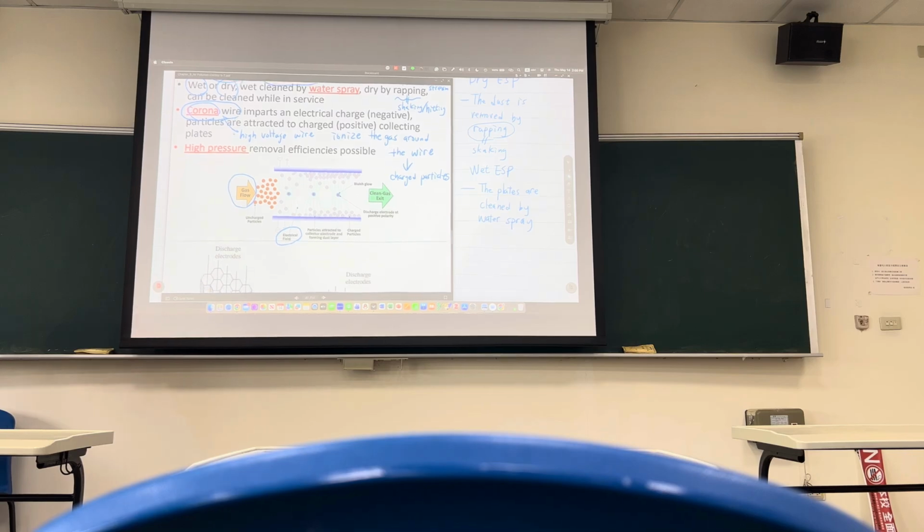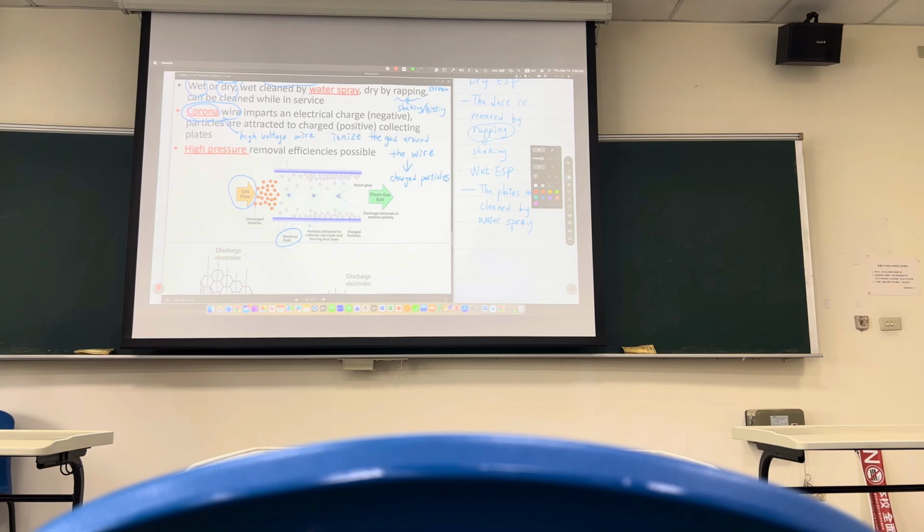Those charged particles are attracted to the collector electrodes and form the dust layer. The clean gas can be collected here.